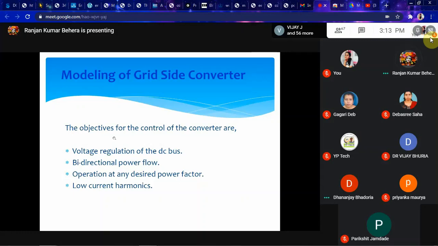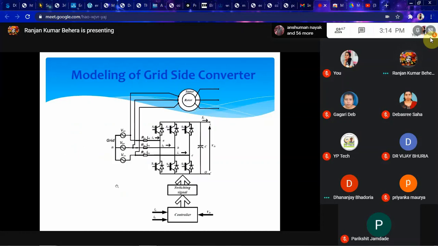So now the objectives of the control of the converter are voltage regulation of the DC bus, bidirectional power flow, which can flow in any direction, operation at any desired power factor, and low current harmonics. So this is our design.